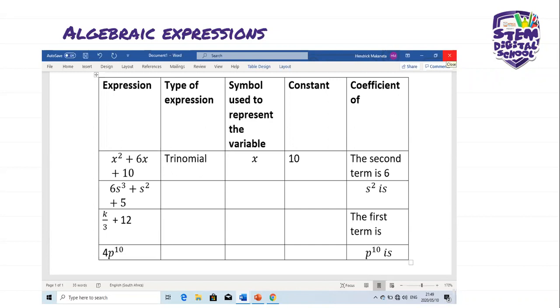Right, the last one, the coefficient will be 4. The coefficient of P to the power of 10 will definitely be 4. So this is what we have as far as the topic is concerned.